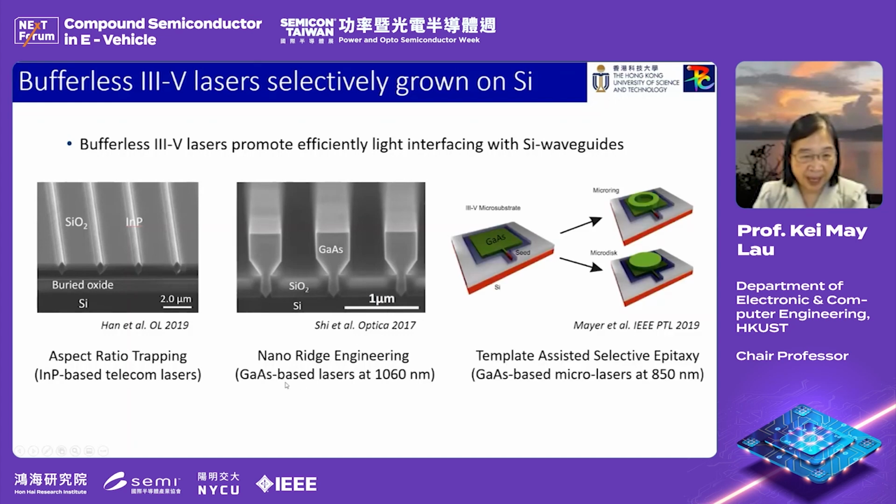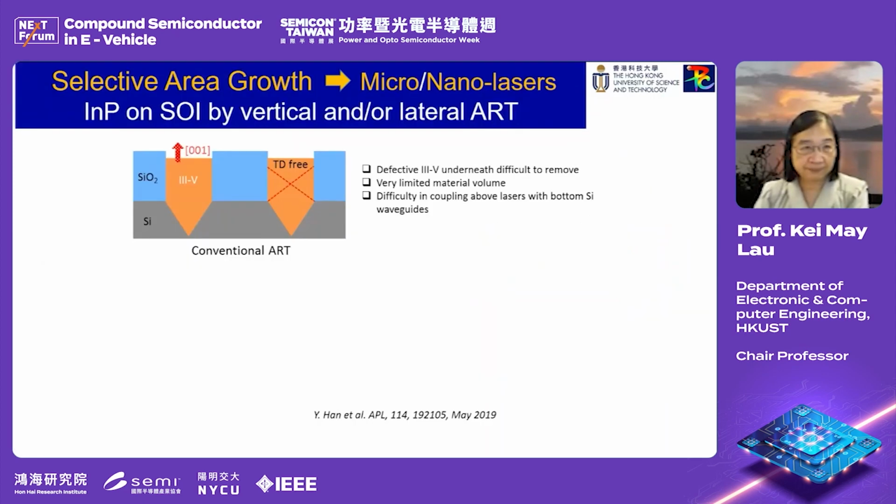IMEC demonstrated gallium arsenide-based lasers in a 1 micron range, and also IBM Zurich demonstrated gallium arsenide-based lasers and microlasers in the 850 nanometer range. And then we demonstrate our lasers in the telecom band, 1.3 and 1.5 micron.